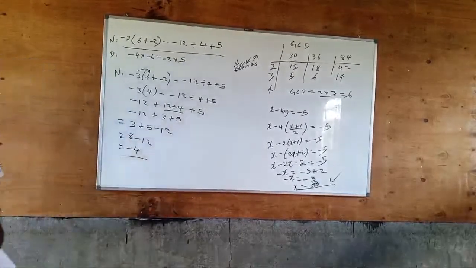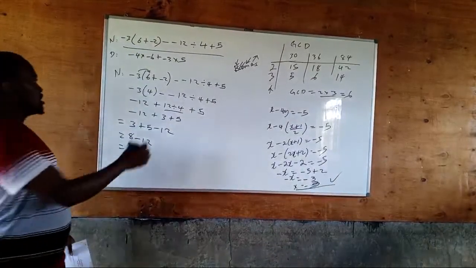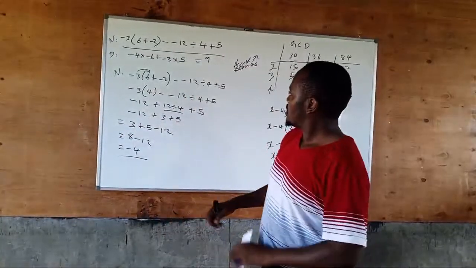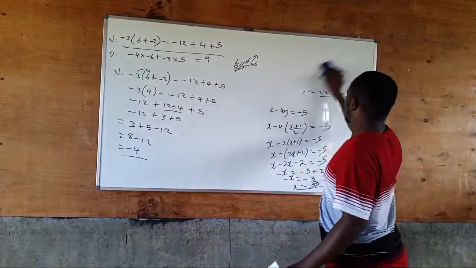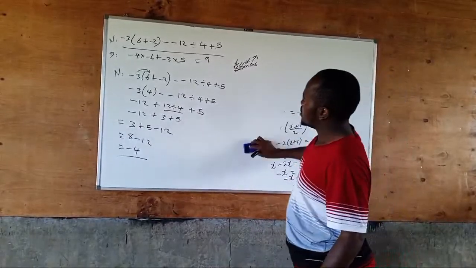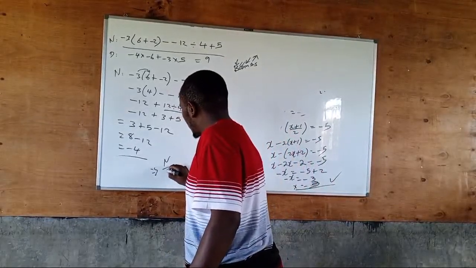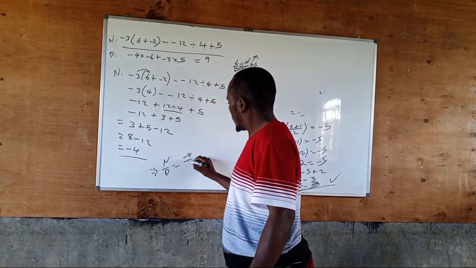So the numerator answer is negative 4. For the denominator we get 9. I'm writing this because we are just revising. So when you get that answer for the denominator, we get 9. Then numerator over denominator is equal to negative 4 over 9.